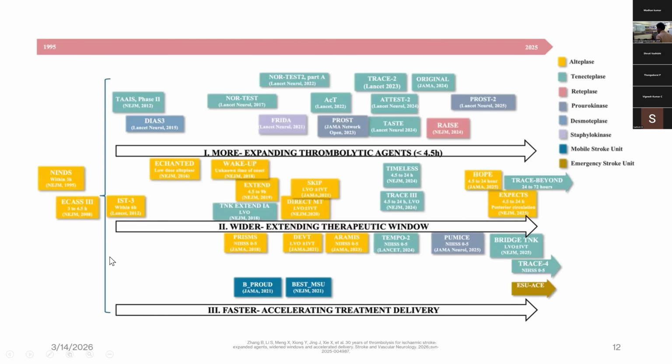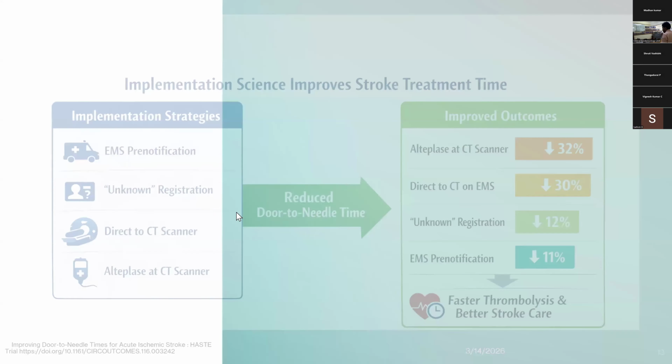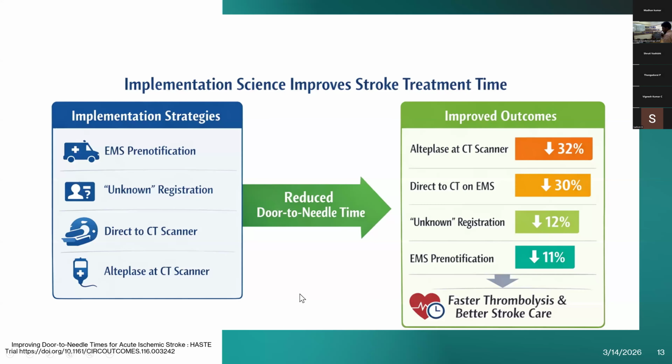So this is again evidence, a number of studies which showed thrombolytic agents are effective in stroke presenting within the window period of 4.5 hours. So despite us having these many trials showing evidence, how much we have been able to utilize it in a practical setup is still dismal. This is one trial called the HASTE trial published in AHA, which has identified what are all the factors responsible as to why we are not able to implement thrombolytic agents within the window period.